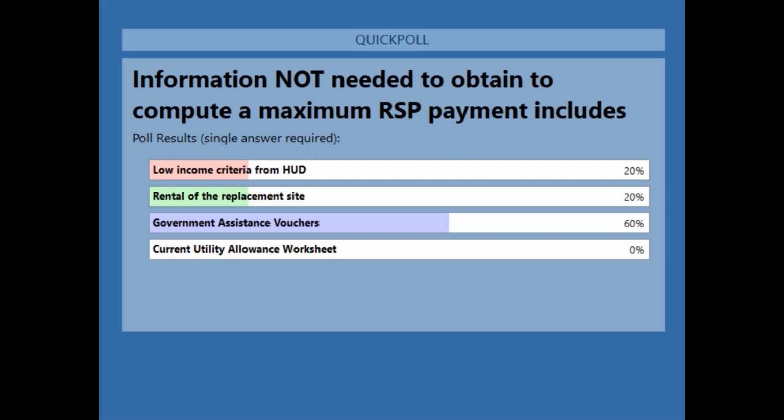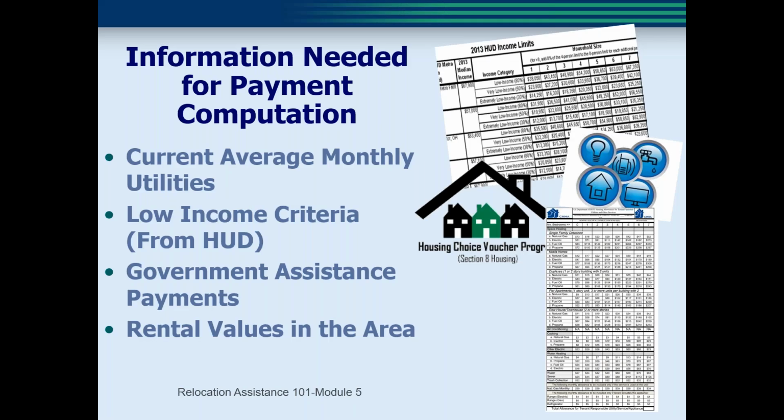That comes later on. You need the government assistance vouchers, because you need to know that information in looking for comps. And you of course need the utility allowance worksheet. So the correct answer was you do not need the rental information for the replacement site.